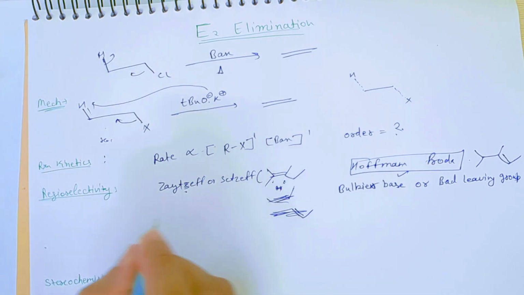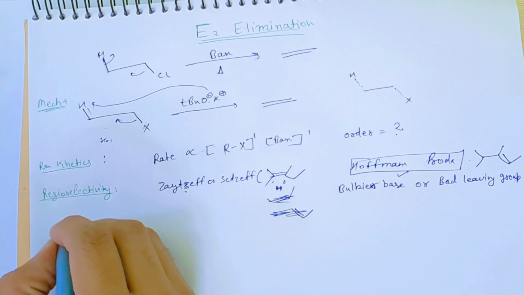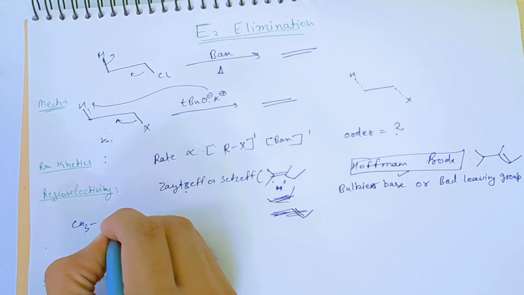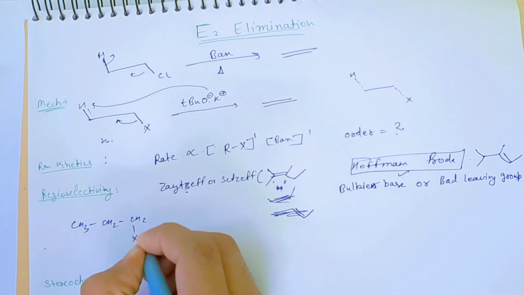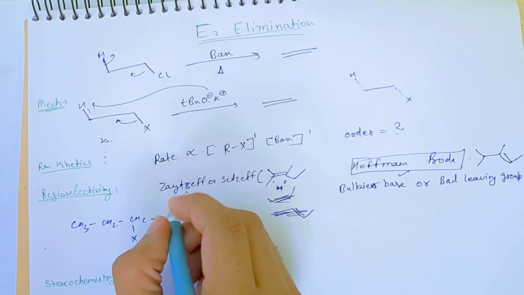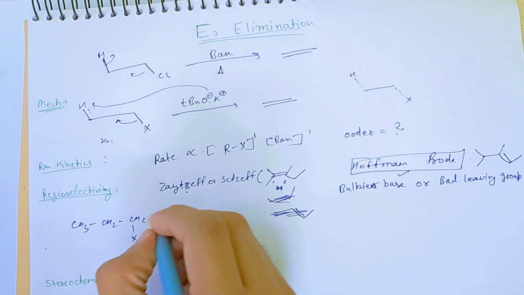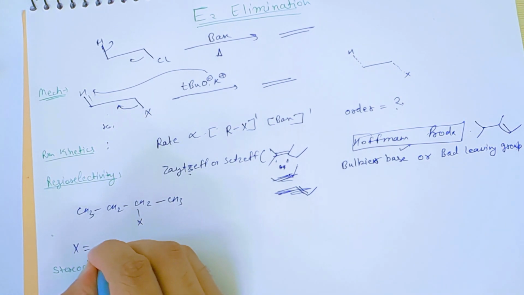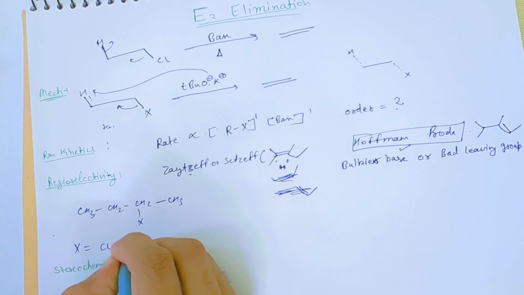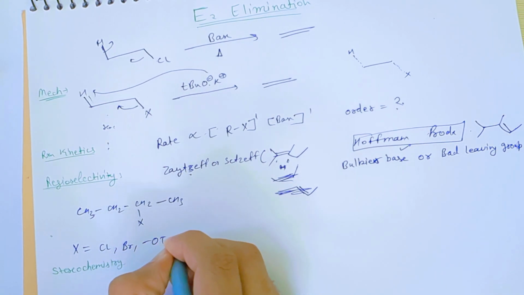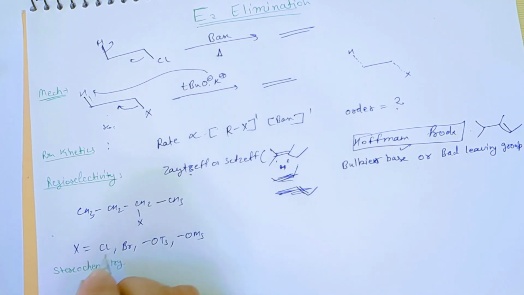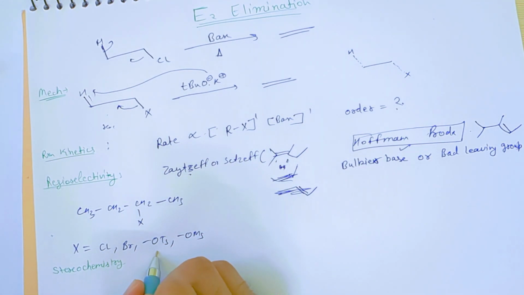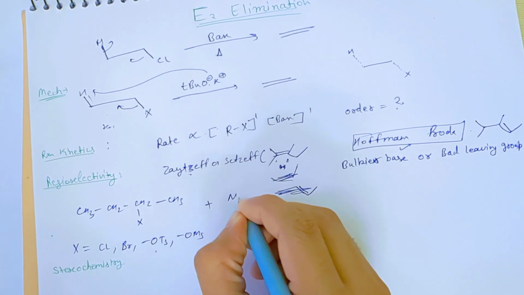So now let's see, if there is a substrate like this, CH3 CH2 CH2, here is a halogen which is a leaving group, and here is CH3. So now if the halogen is chlorine, bromine, OTs, and OMs, these are all good leaving groups. So we can say if there is a good leaving group plus a non-bulkier base.